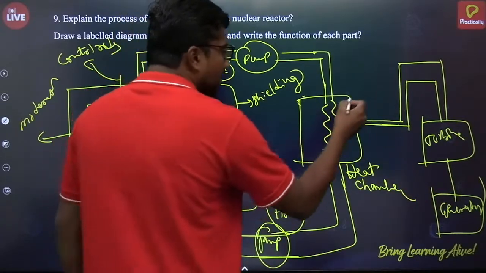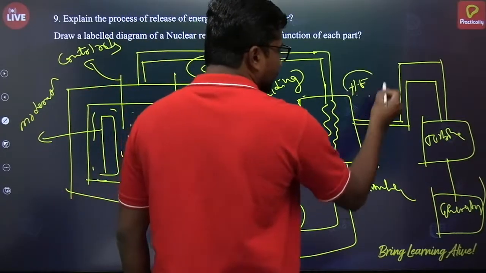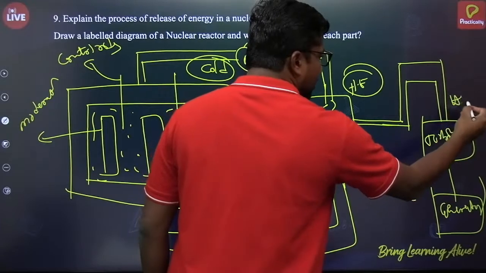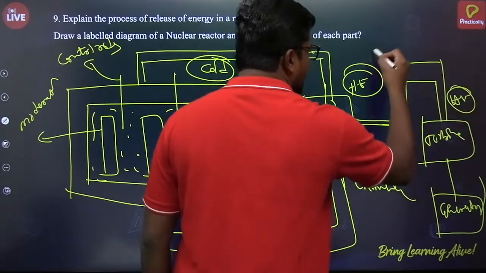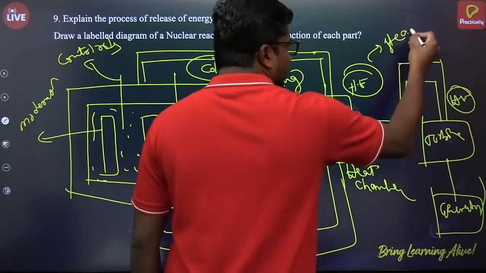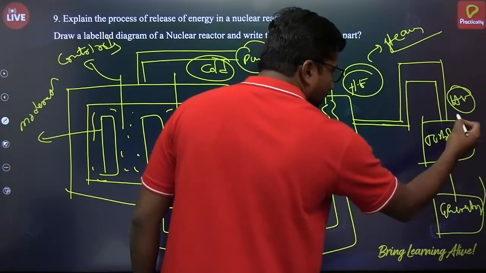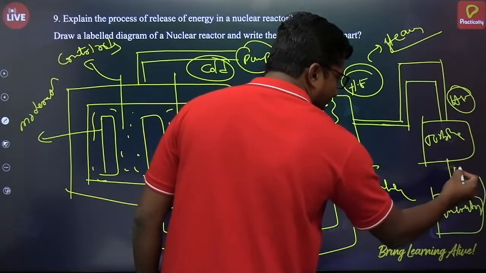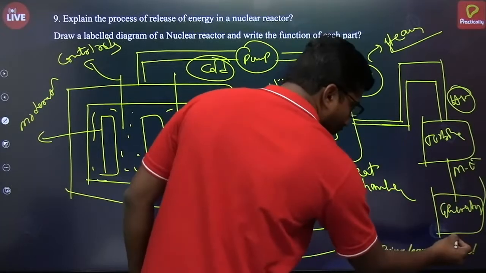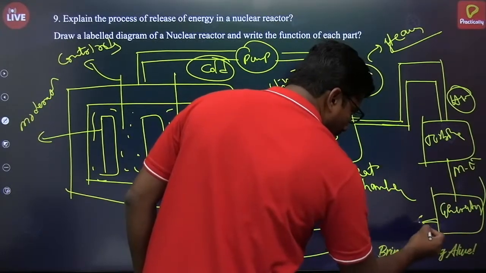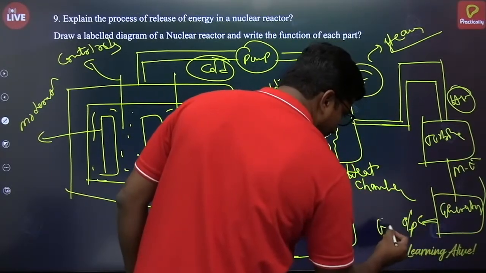Here the heat energy, that is the steam, will drive this turbine. That means we give this mechanical energy as input, and further we get the output, which is electrical energy.